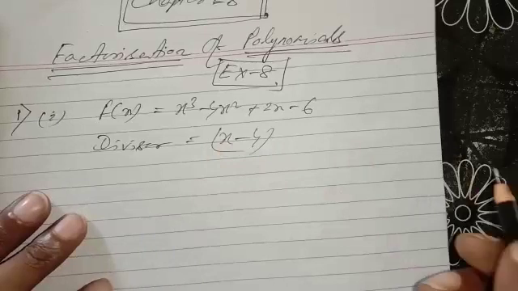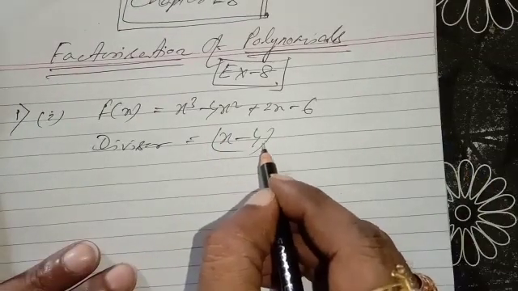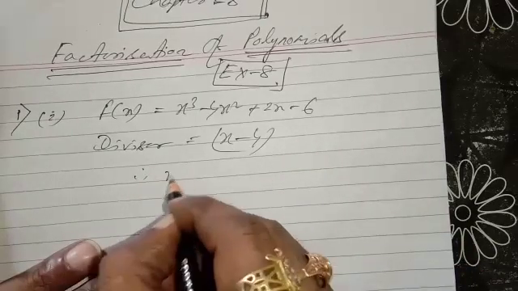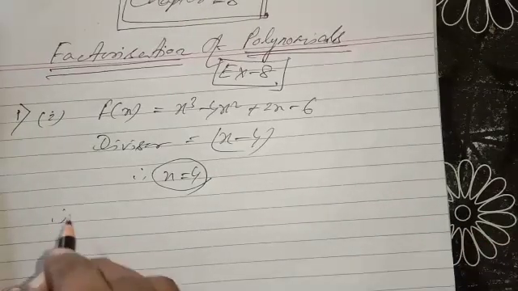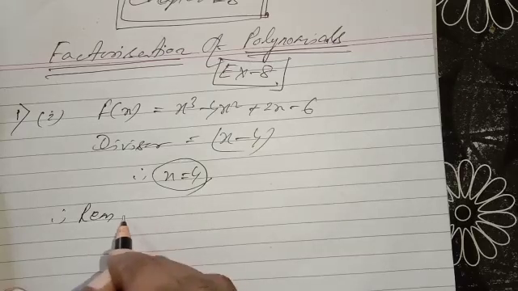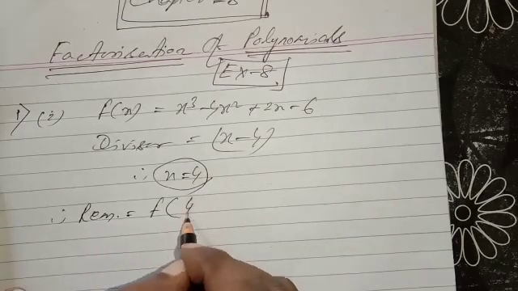Whenever the divisor is x minus 4, what is the value of x? Think of this as equal to 0, so x is equal to 4. Remainder is equal to f of x with x replaced by 4.